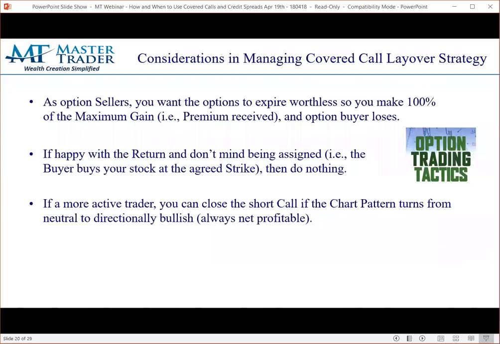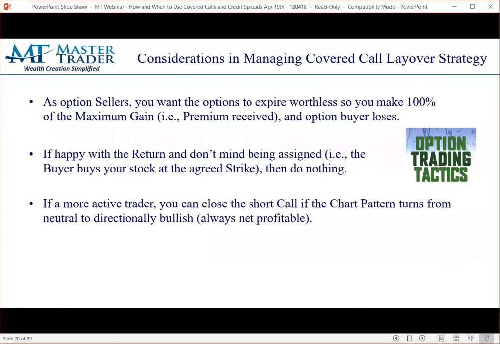Now, at what price you buy it back is going to be determined by where the stock is, how many days to expiration, etc. But keep this in mind. Even if you have to buy it back at a higher price, you have not lost money. So think about that. I started with that, but I need to reinforce it.